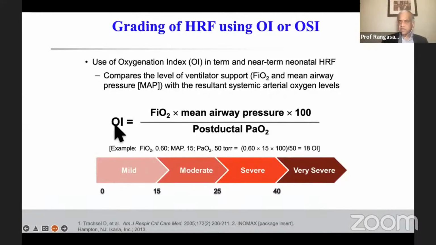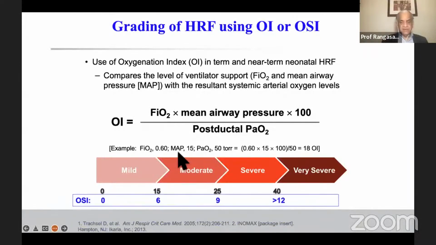And all of you know how oxygenation index is calculated. The problem with the oxygenation index is you need measurements of PaO2, post-ductal PaO2. Most of the studies used post-ductal PaO2 in the OI calculations and prediction. So a few years ago, we looked at, and others also published similar data on, using the oxygen saturation index.